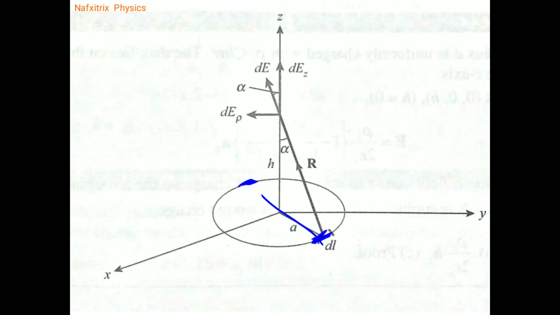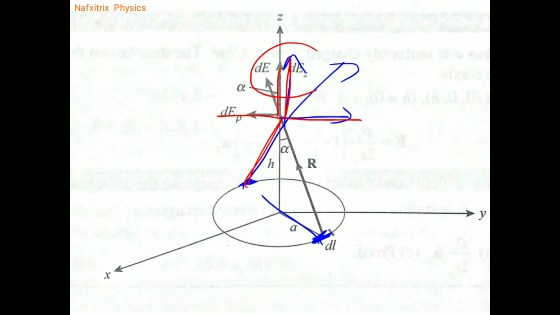The z components are both in the upward direction, but the a_rho components would be in exactly opposite directions and of equal magnitude because of the symmetry of the circle. So they would cancel, and only z components would remain.